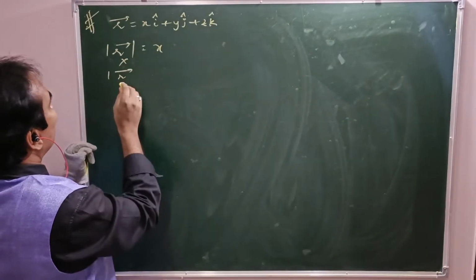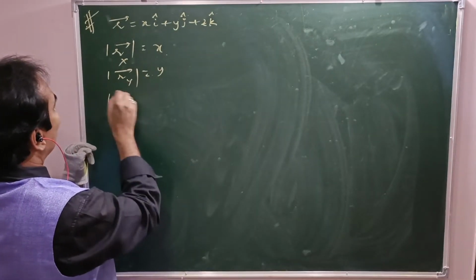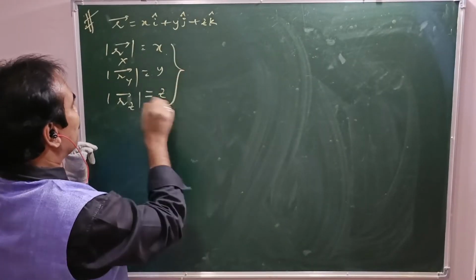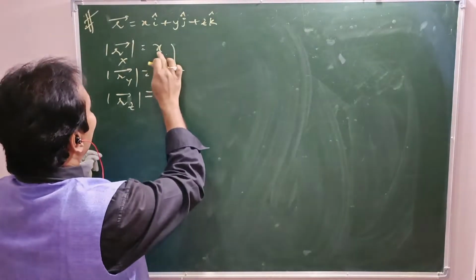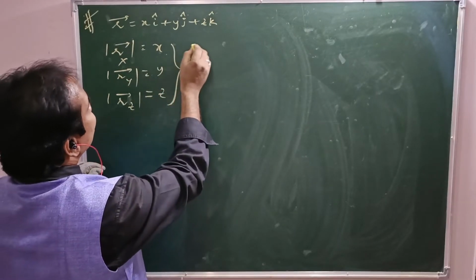Mod r bar along y means y units. Mod r bar along z means z units. So what are x, y, z here?